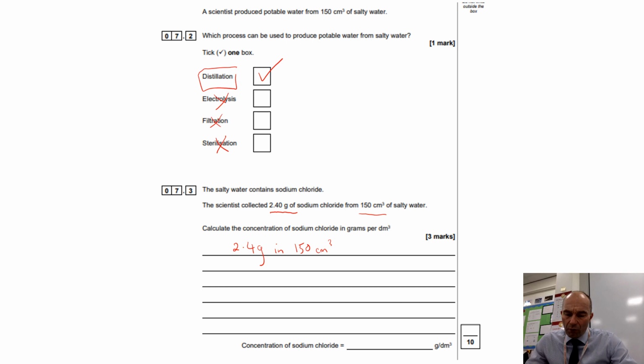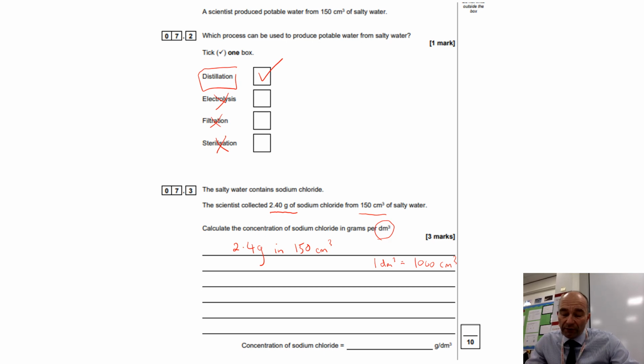Now, this is where we need to be converting our 150 cubic centimetres into decimetres cubed, because we need to calculate the concentration in the number of grams per decimetre cubed. This is where you need to remember that 1 decimetre cubed equals 1,000 cubic centimetres.